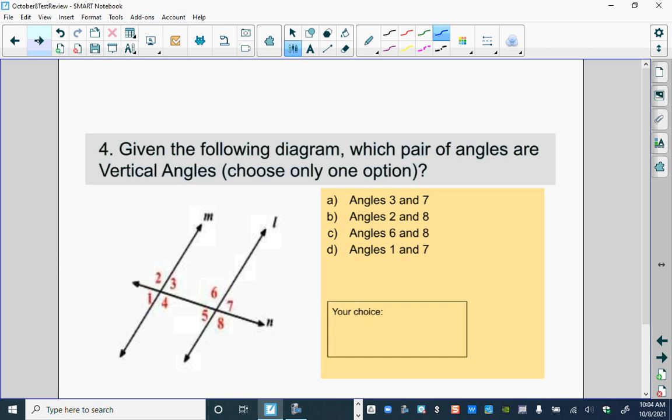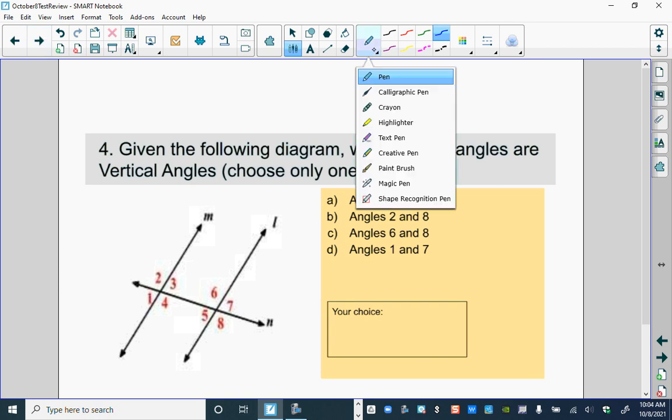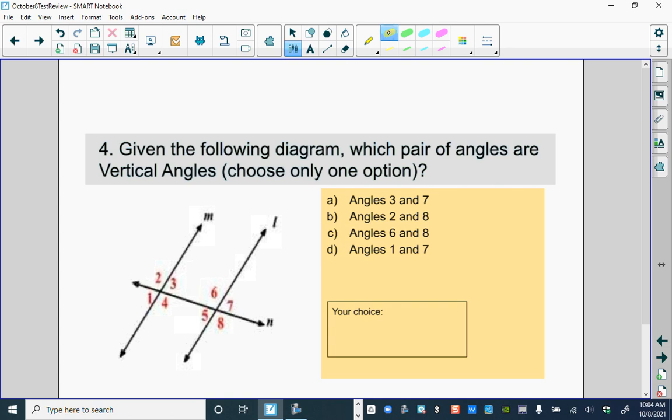Because one's on the inside and the other's on the outside. So 6 and 8 would be the ones. It's sort of like the Charlie Brown idea. Yeah, 6 and 8, they're the vertical angles.